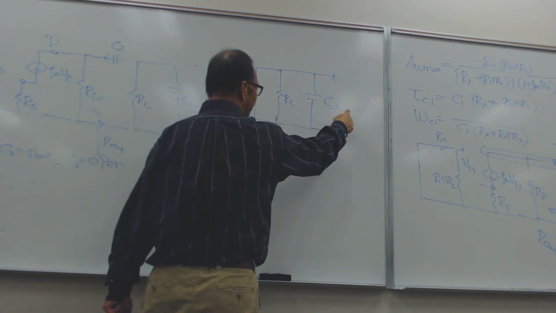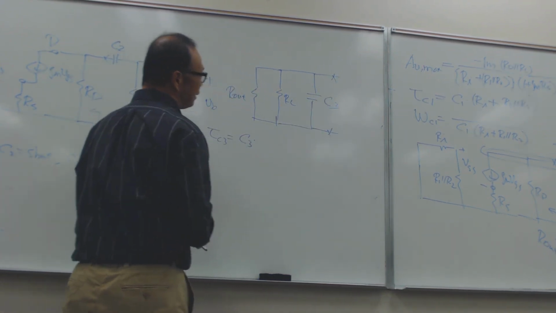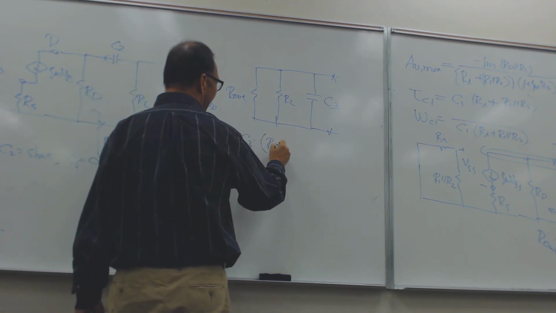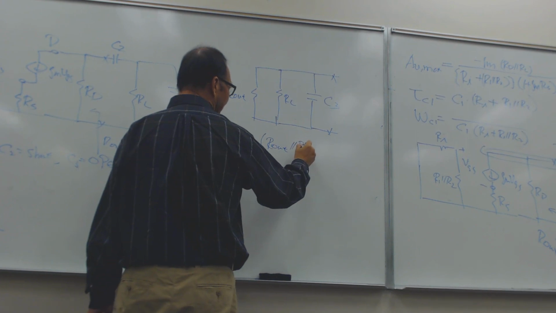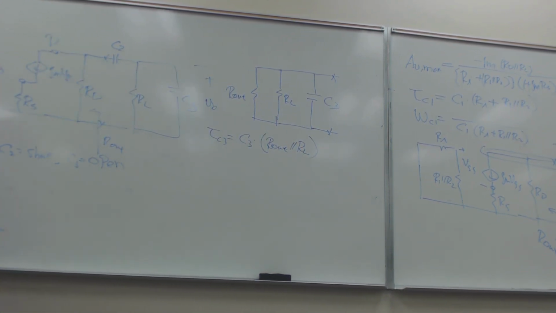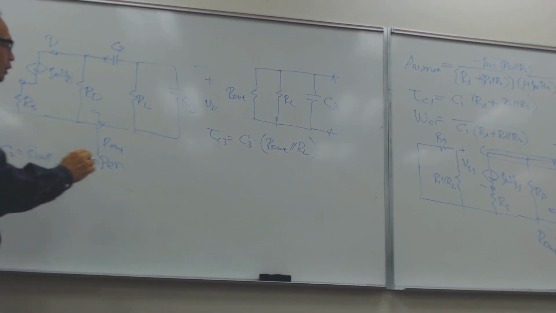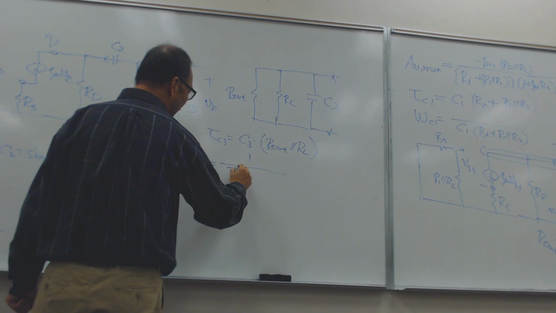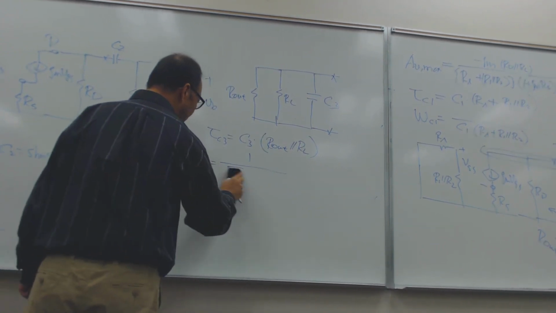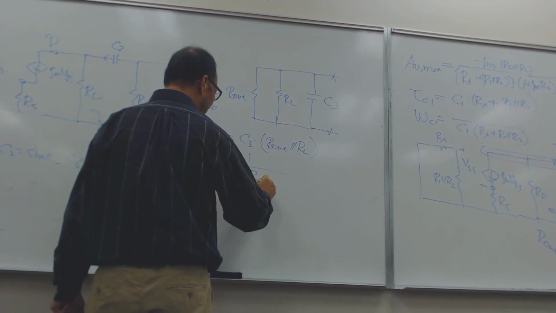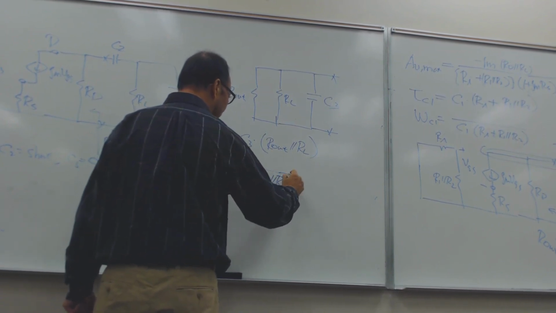This in parallel, this is open, so it doesn't matter. So it's R out in parallel with R sub L, yes? So omega C3 is 1 over tau C3, so it's C3 times R out in parallel with R sub L. Yeah?